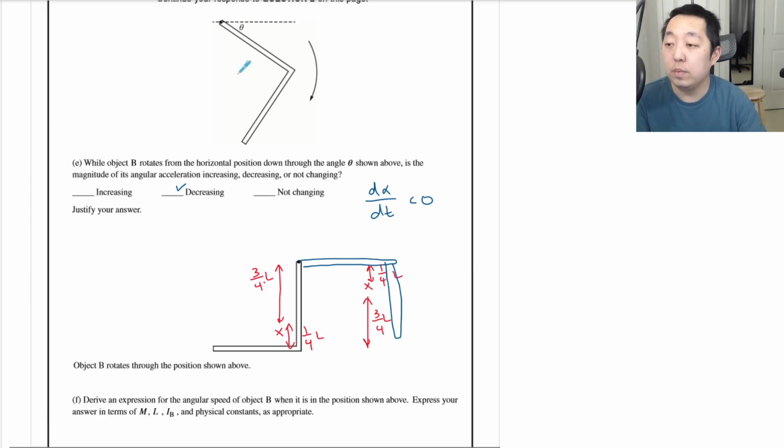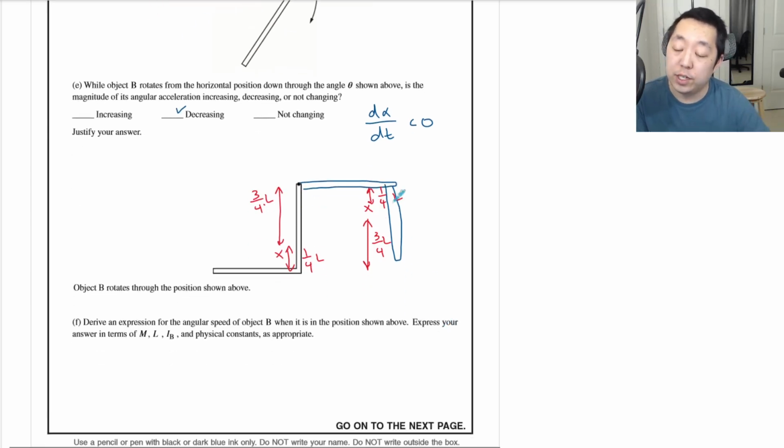Okay? And we're going to do energy conservation. This thing has potential energy at the center of mass, mg. Actually, let's make h equals 0 down at this point, because we just want to talk about the change in the height.